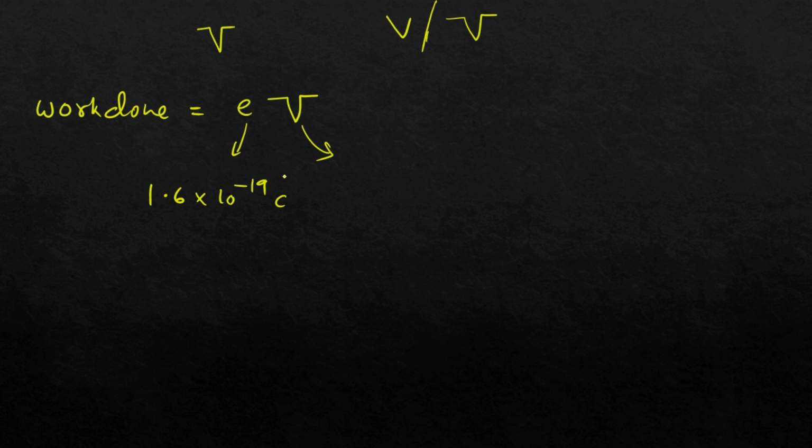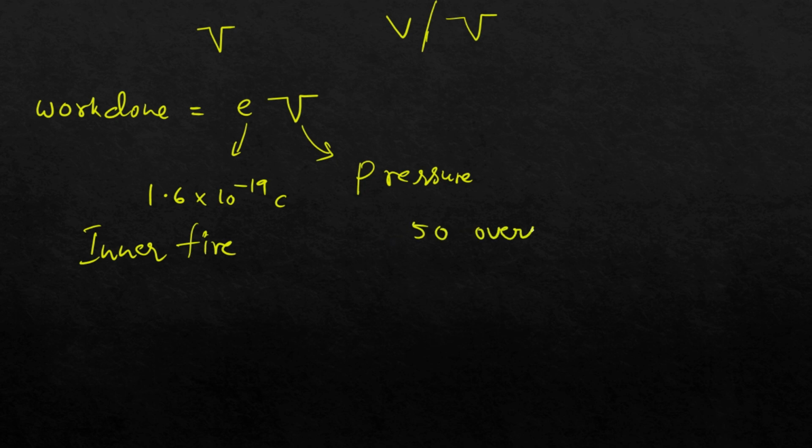Coming to potential difference, there must be some pressure to move electron towards the positive terminal. That is nothing but potential difference. In the equation, imagine e is the fire of King Kohli, V is the pressure on Kohli. This is the inner fire of King Kohli, and V is the pressure on King Kohli. So first I'm applying less pressure, say 50 overs and 10 runs.